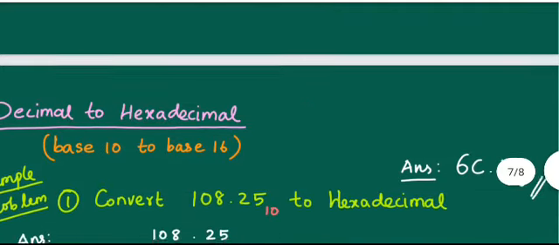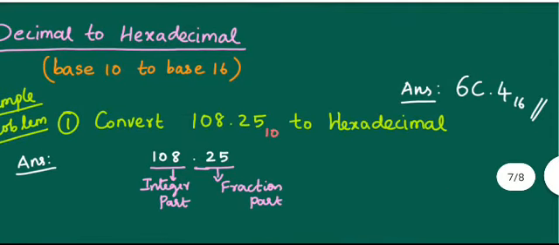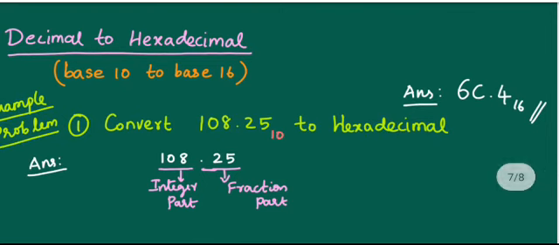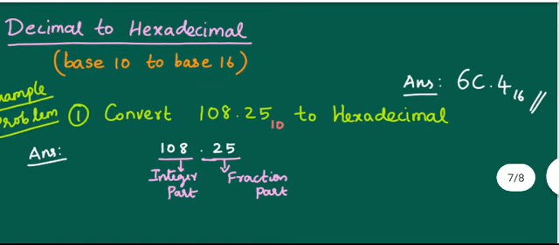Coming to the next one, decimal to hexadecimal, base 10 to base 16. Convert 108.25 from base 10 to hexadecimal. 108 is the integer part, 0.25 is the fraction part.